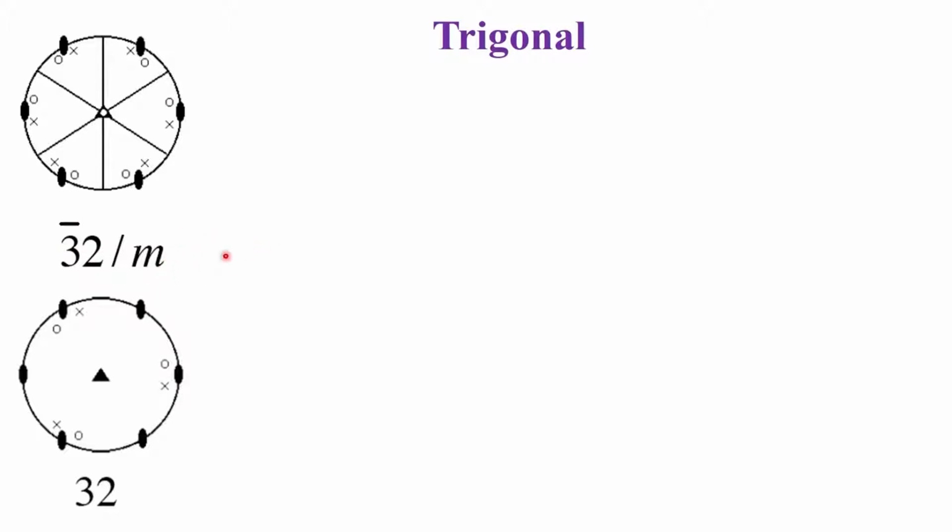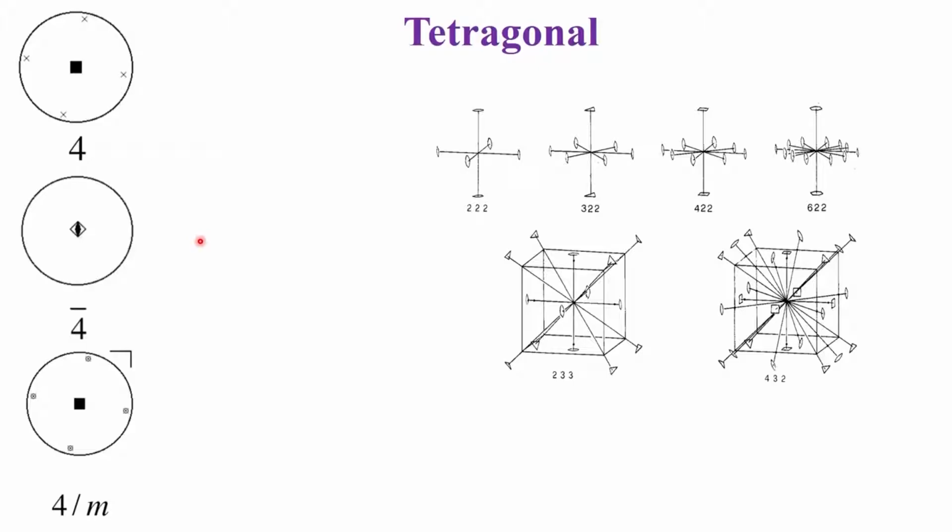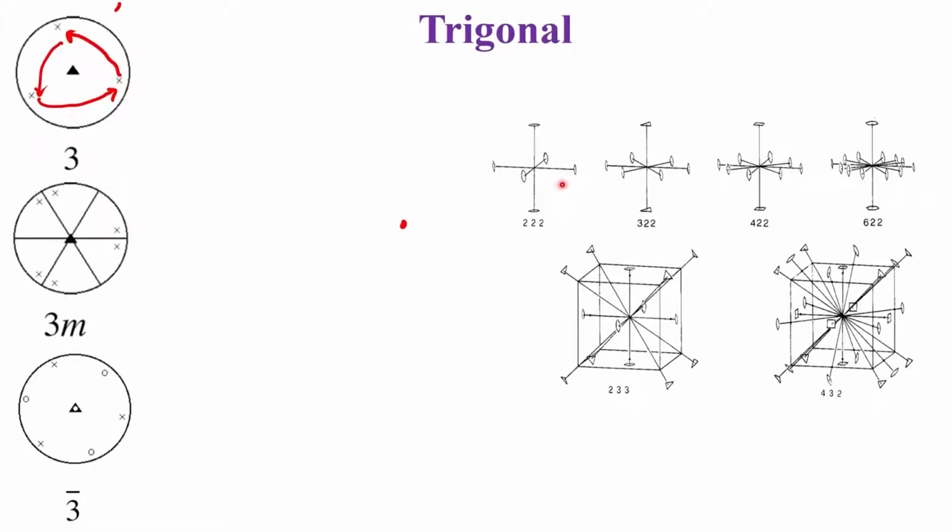So, what do you think would be the next direction? See, you have 3 directions in a hexagonal system. Let me go back to the previous slide. In this slide, you see that we have a 3-fold rotation, and then you have 2-fold rotation axes which are at 120 degrees to each other, and they are intersecting with each other at this center here.